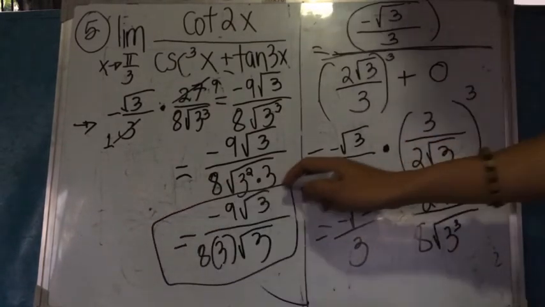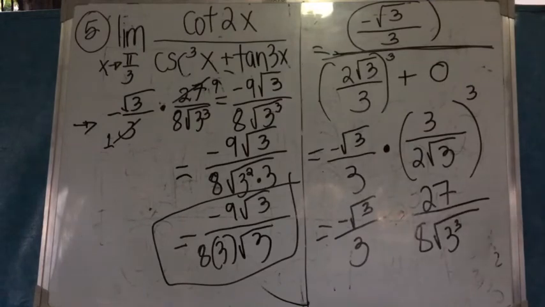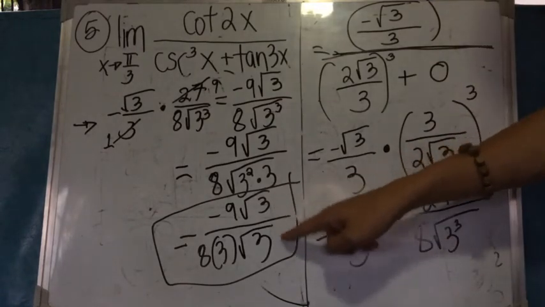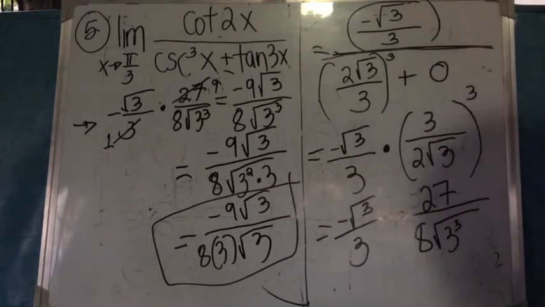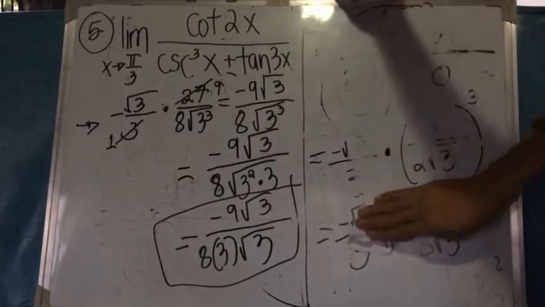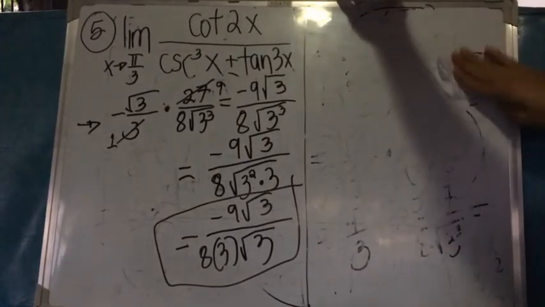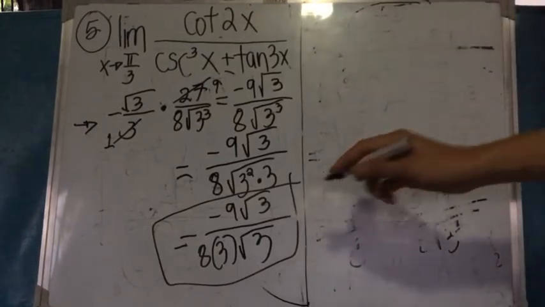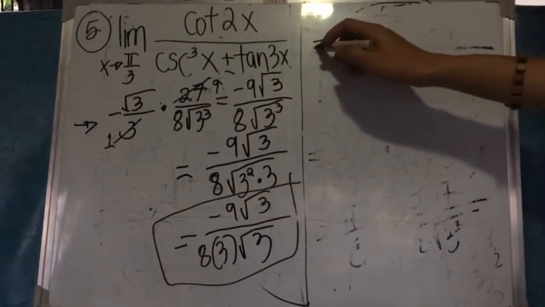Okay, look at this part. As you can observe, we can cancel square root of 3. Let me erase this part. Okay, so we can cancel that one. Let me write it again.